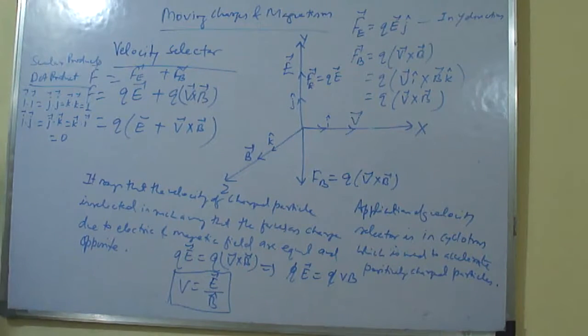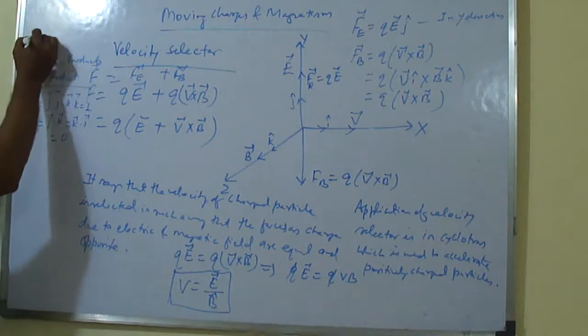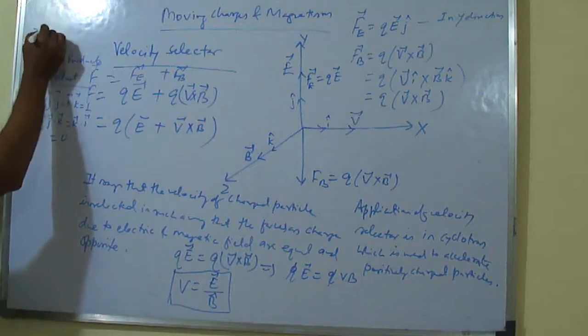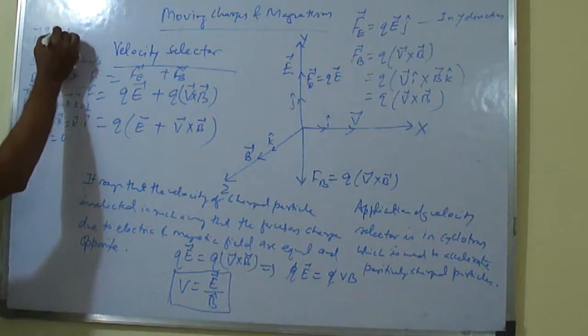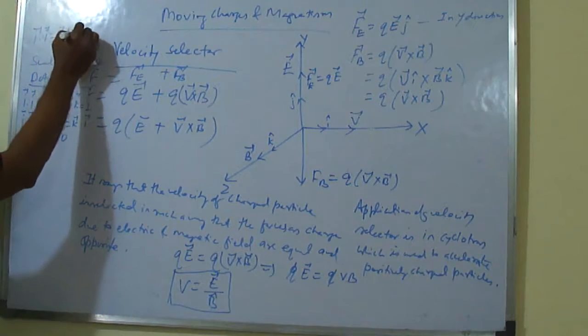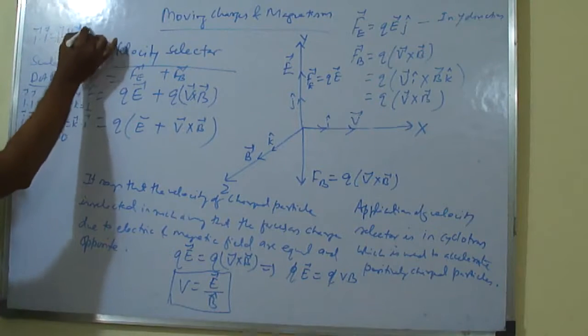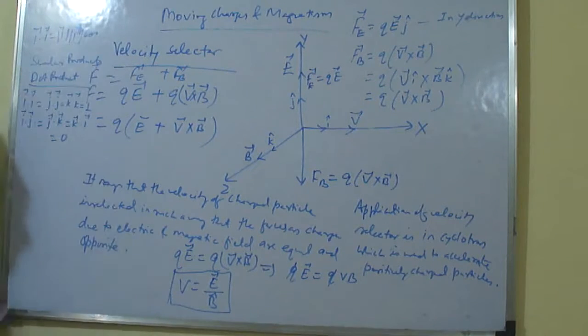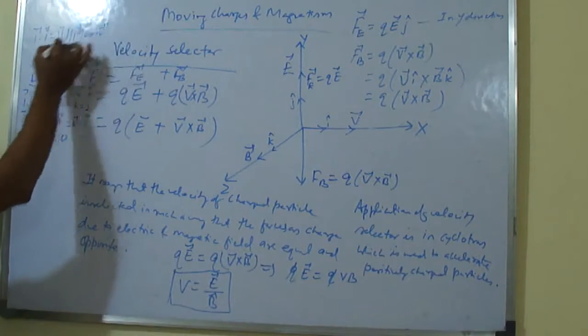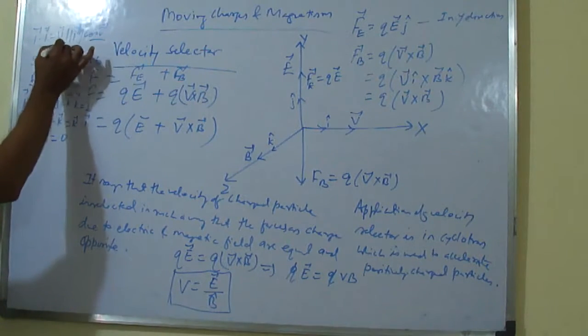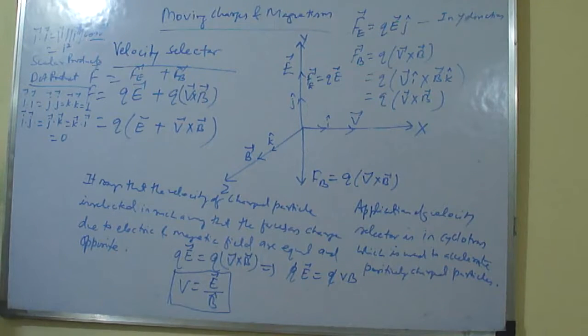Why? I dot I is equal to magnitude of I times magnitude of I times cos theta, the angle between I and I. It's 0, so cos 0 is equal to 1. So it is magnitude I square.